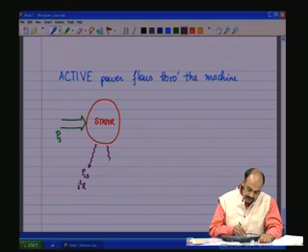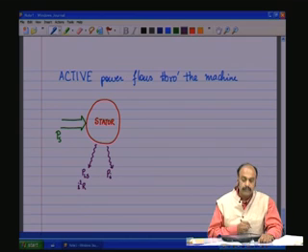And the other thing, like in a transformer, we have the iron loss.